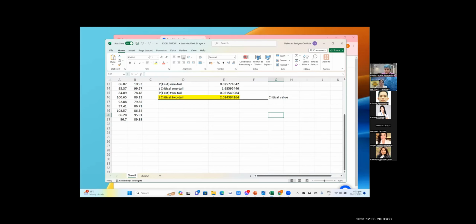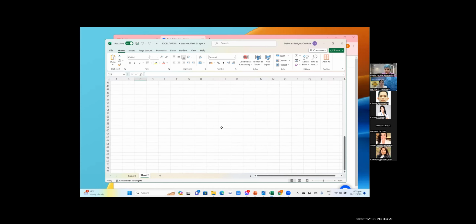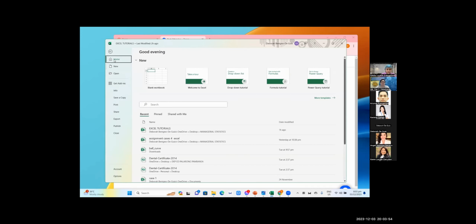Yes sir. So sir, ito po yung Excel tutorial just to show how to activate the data analysis icon in Excel. First, you would want to open an Excel file. If you can follow me, kung wala pa po kayong data analysis icon in your Excel, you open your Excel file. You click this, and then you will see an icon dito sa baba.